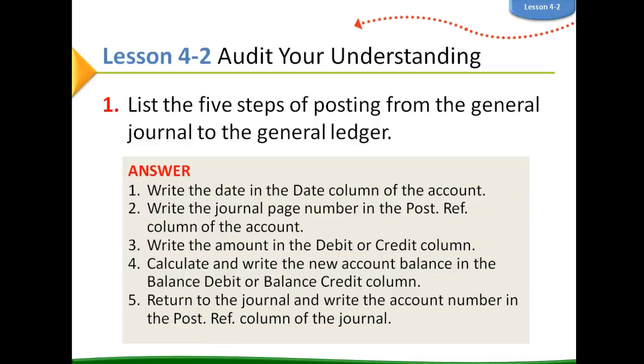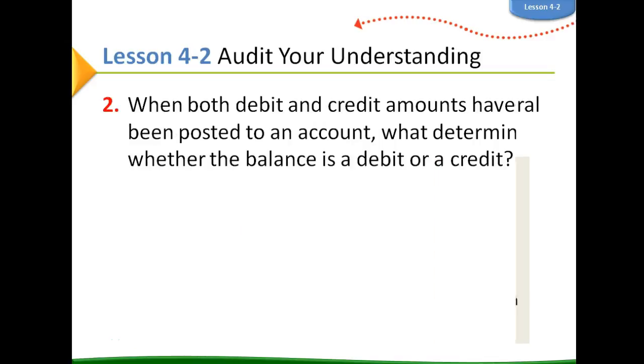We do the date, the journal number where the information came from. We write in whether it's a debit or a credit. We figure out whatever the new balance is, and then we go ahead and make sure we write down the account number in that post-reference column in our journal so that we have a good solid record of the entire transaction cycle.